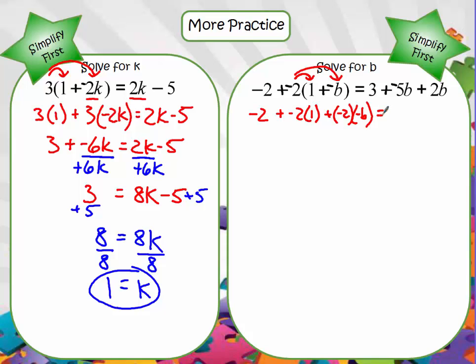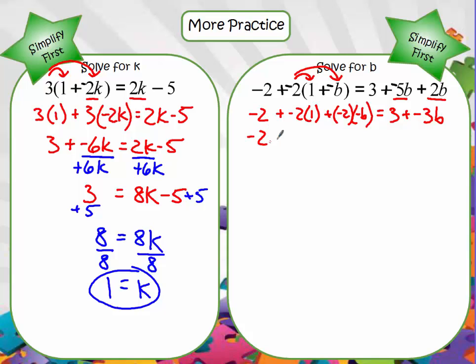And on the right hand side, I'm going to go ahead and simplify this right now too. So I notice I have a negative 5b and a 2b. Those are like terms. So I have 3 plus a negative 3b left. Let me go ahead and clean this up.